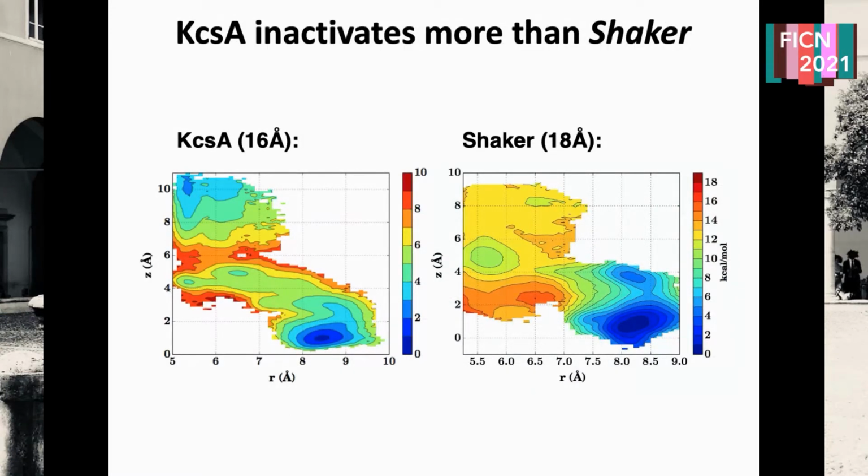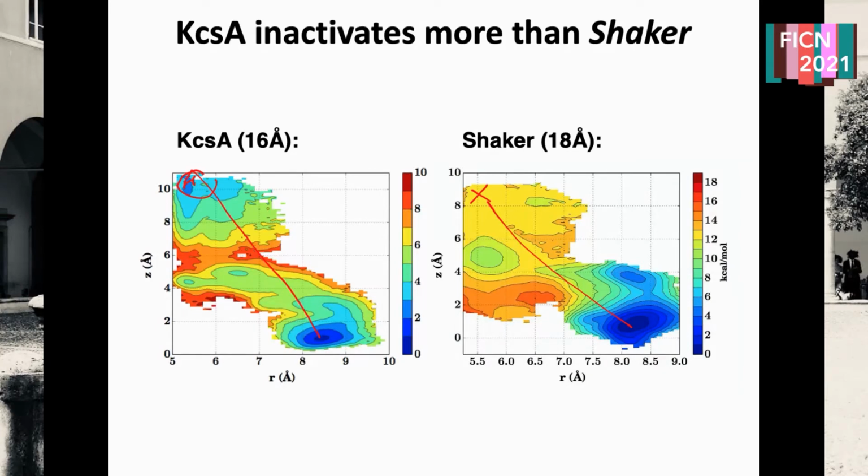With the same amount of opening of the activation gate, KcsA has more propensity to inactivate than Shaker. You can see this, we cannot go there, but KcsA can. And this is actually true. KcsA inactivates fairly deeply.